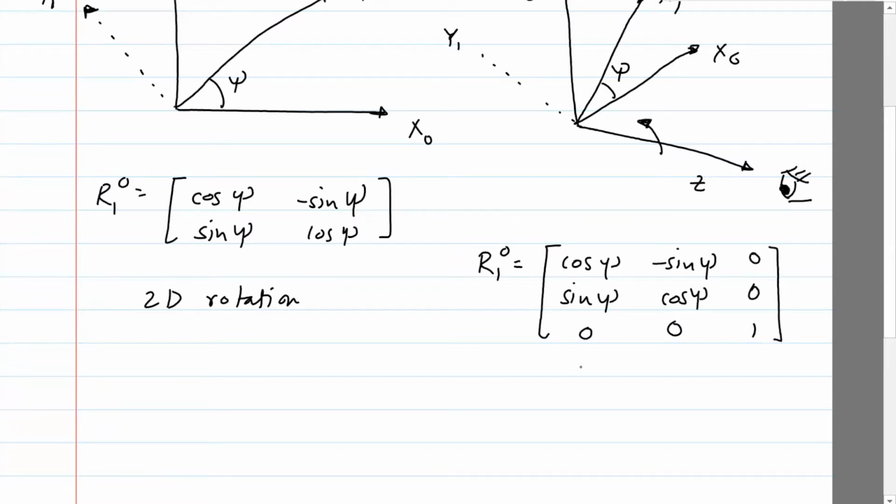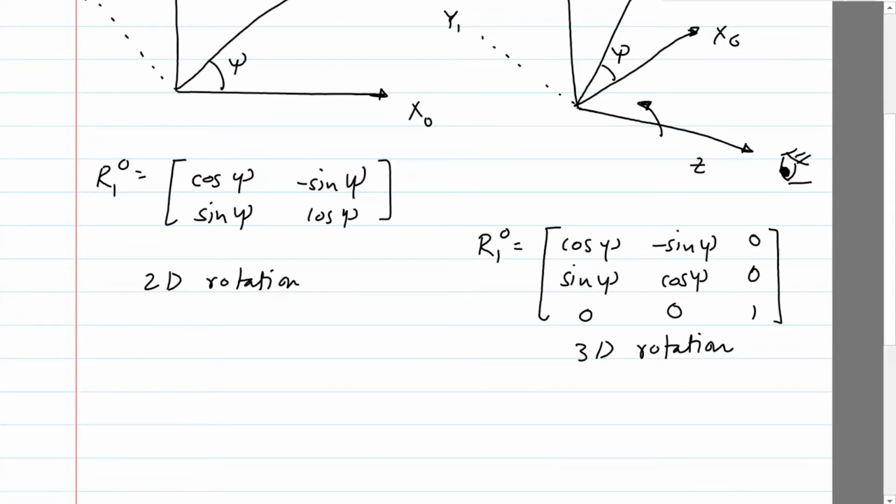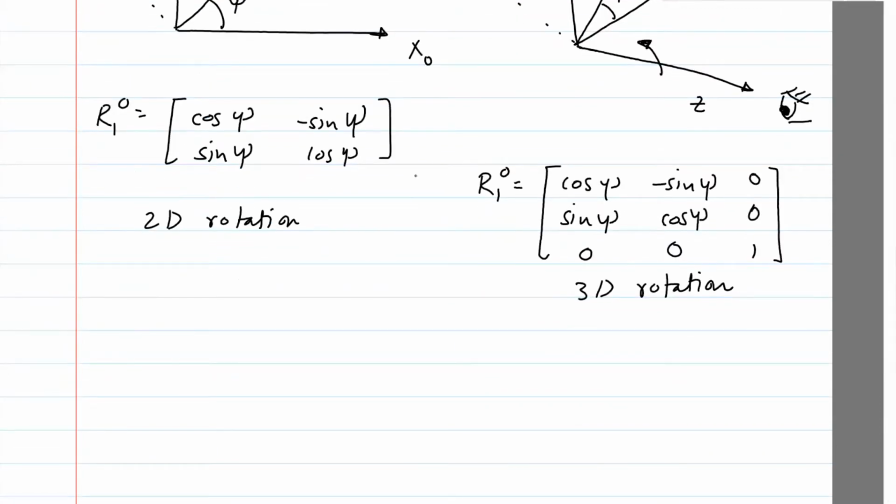So this is our 3D rotation matrix, and that's the 2D one, the difference being that we just add a third row and put one in the appropriate place. This is what I would call RZ, a rotation by an angle psi, so I'll write it as RZ of psi equals this.